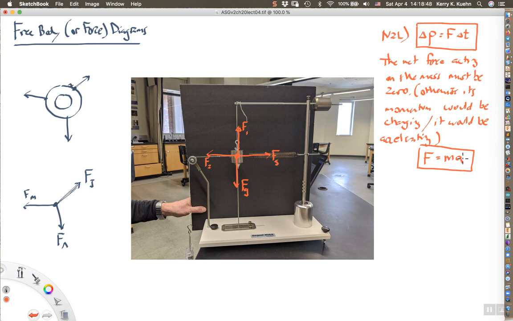If there is zero net force, if all those forces somehow cancel each other, then the acceleration is zero. Or conversely, if the acceleration is zero, we know that the net force acting on it must be zero. So what does that tell us specifically about these forces? We have these four forces on it, and two of them are horizontal, in the x direction. If I draw x and y axes like this, here's x, here's y, the forces acting in the x direction must exactly balance each other.